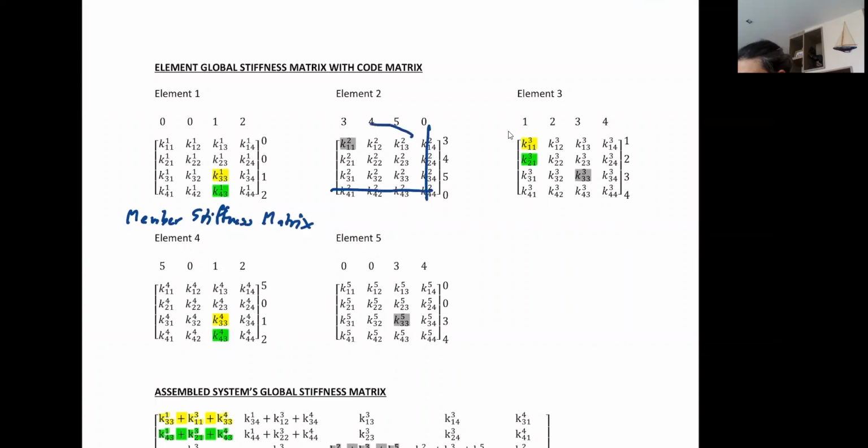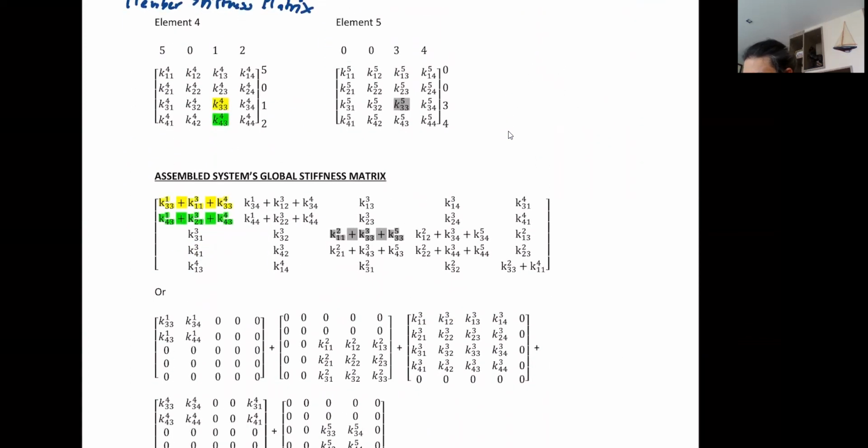And this will go into the designated position in the global stiffness matrix of the structure. Or I can just rewrite this as 3, 4, 5, 3, 4, 5, 3, 4, 5. So this is the contribution for member number 2, and this is the contribution from member number 1.